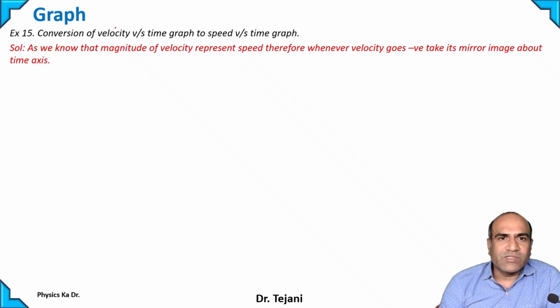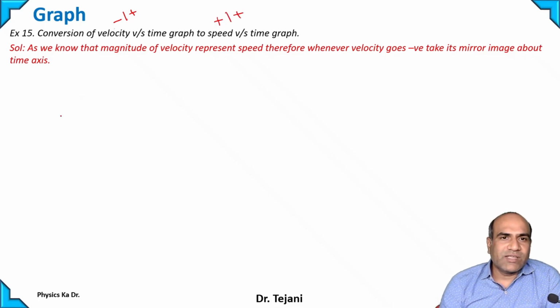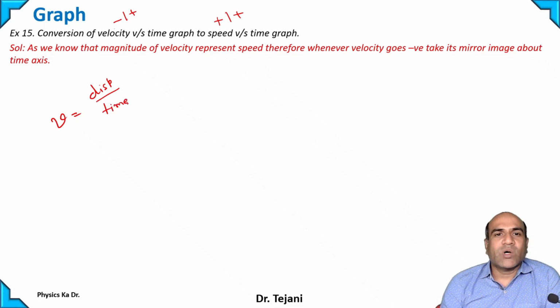If there is a velocity graph, velocity has both negative and positive values. But speed does not have negative values. It has only positive values. What is velocity? Velocity is equal to displacement divided by time, meaning shortest distance, and it has direction.